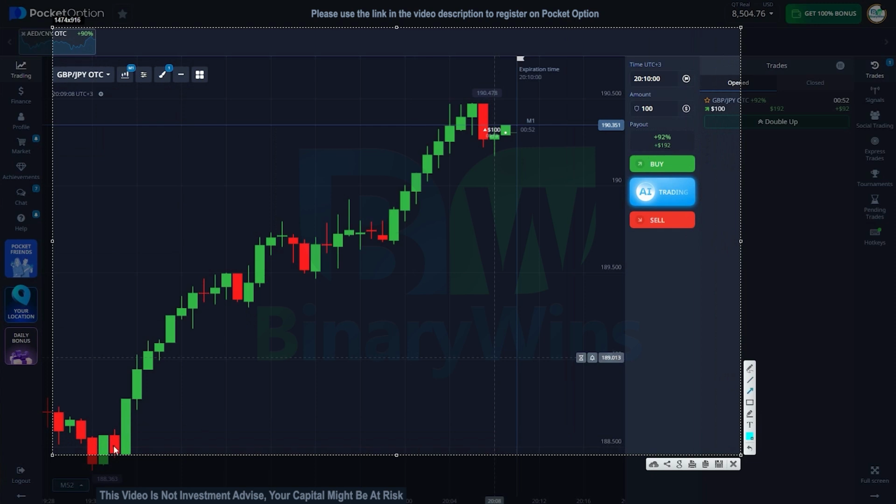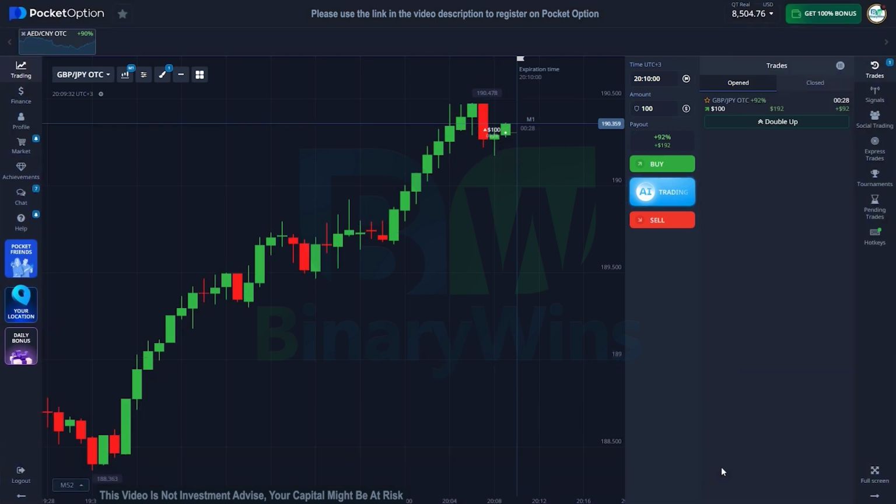Look, our trend is an uptrend. We have a bullish golden area here. So I entered the higher trade when the first green candle formed.